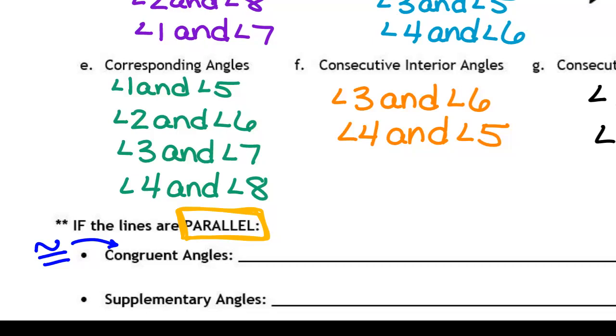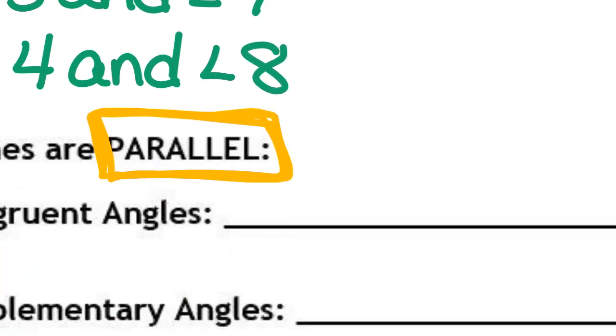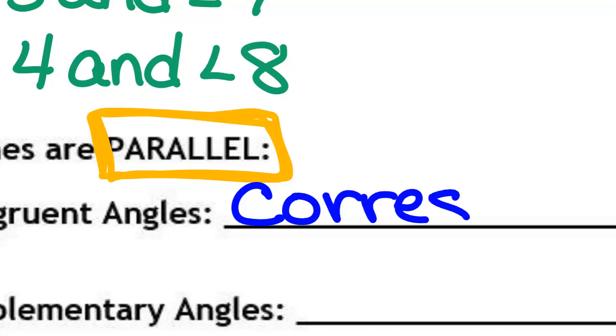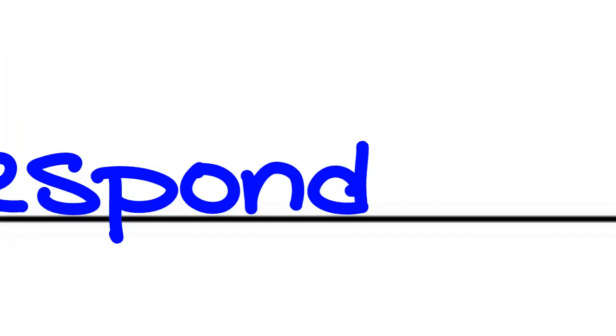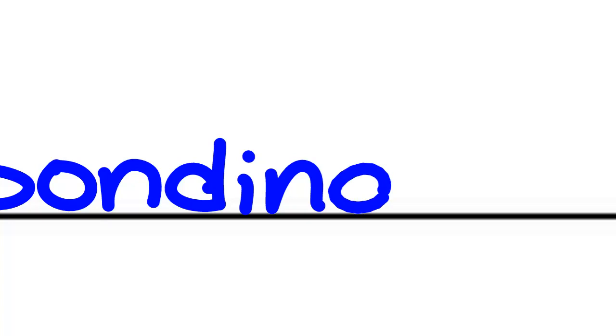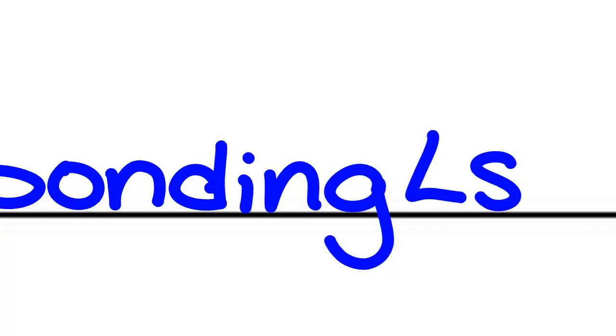My congruent angle pairs when the lines are parallel are my corresponding angles, my alternate interiors and my alternate exteriors.